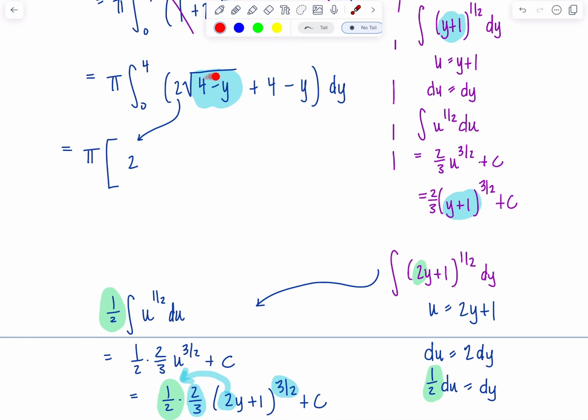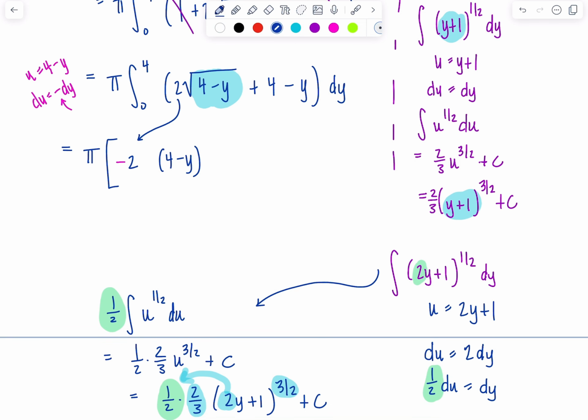If I had u-subbed and let u be 4 minus y, du would be negative dy, right? If u was 4 minus y, du would be negative dy. So that means I'm just going to have an extra negative. Put it right here. Then please leave 4 minus y alone. It's currently to the 1/2 power.